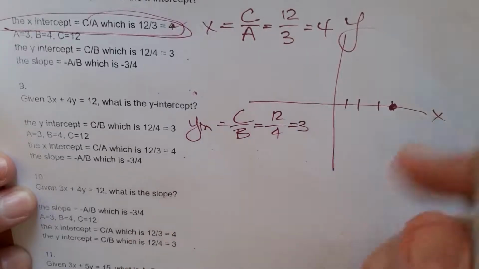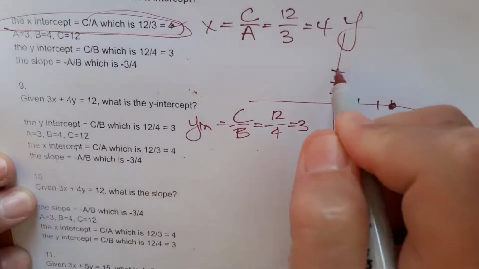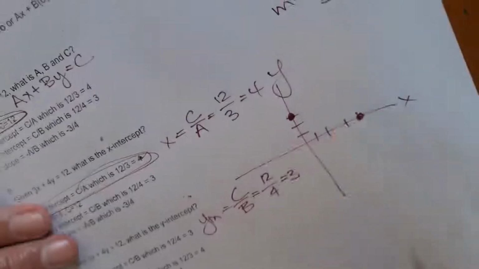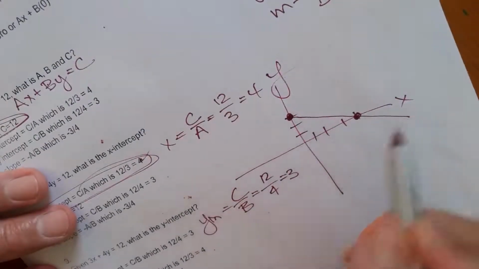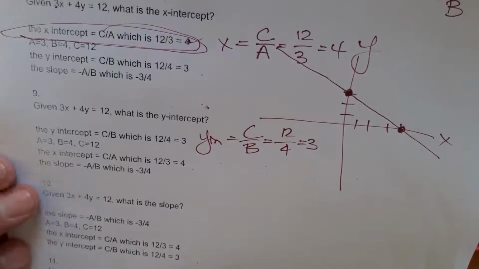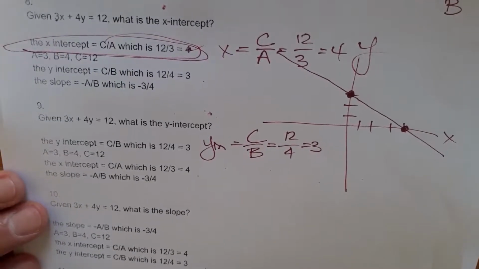So this is the y-intercept. Now I can go 1, 2, 3, and literally draw the y-intercept here. And guess what? Now we have the graph of this line without converting it into the y equals mx plus b format. A lot of your teachers are going to want you to do that, and that's fine. I do it too. But I also want you to know you can graph directly.